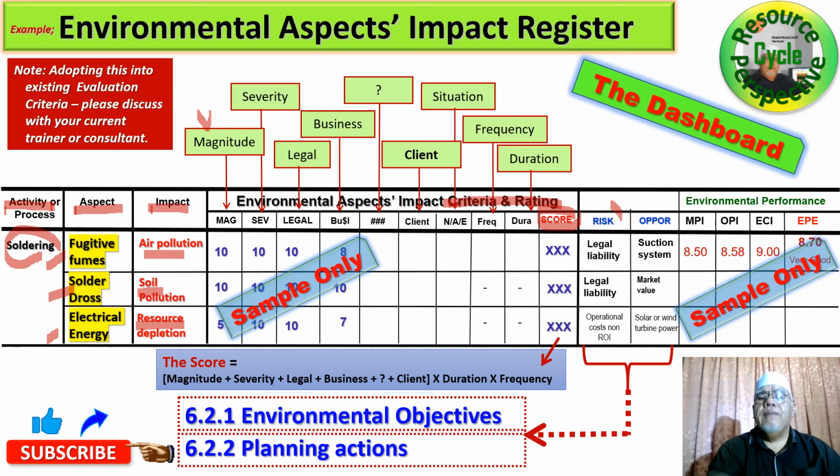Not forgetting, we have included risk and opportunity in this dashboard to conform to ISO 14001 version 2015. We also have a column on environmental performance, with various performance indicators like management performance indicator, operational performance indicator, and environmental conditions indicator, amounting to the final environmental performance evaluation, another numerical scoreboard.